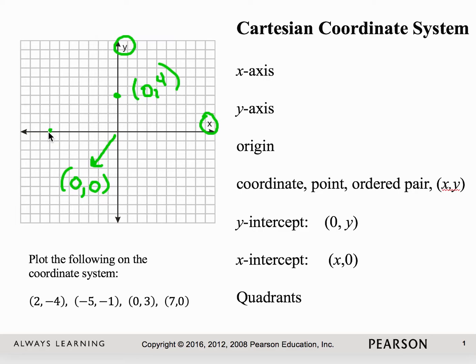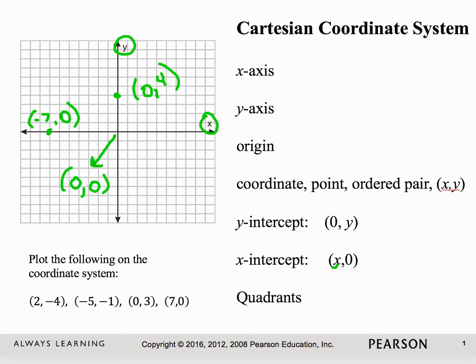Okay, this is the point now on the x-intercept. The x gets the numerical value and the y gets 0, because the x is 1, 2, 3, 4, 5, 6, 7 in the negative direction, -7, but I'm not going up or down any, so the y part of that coordinate is 0.